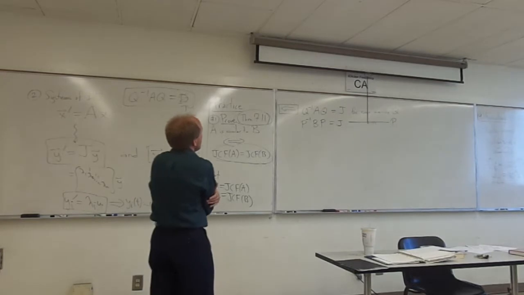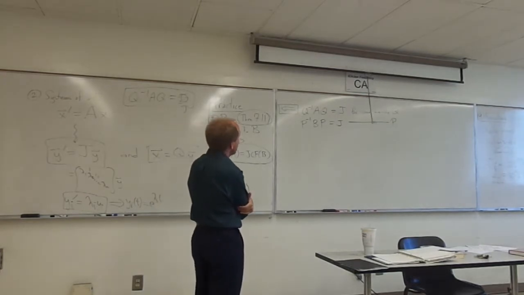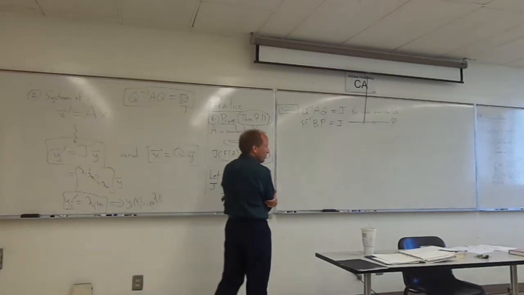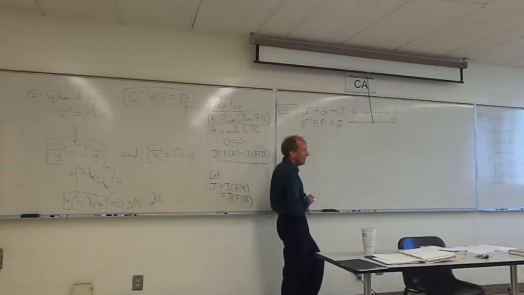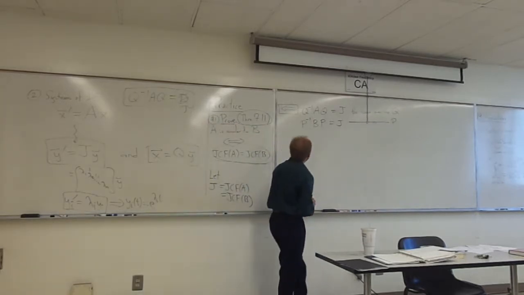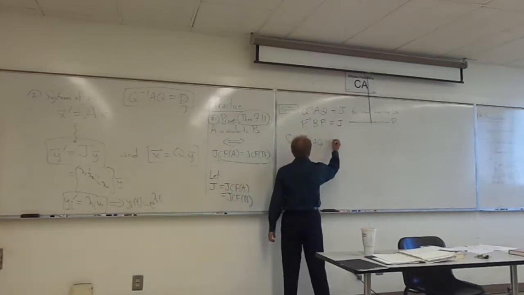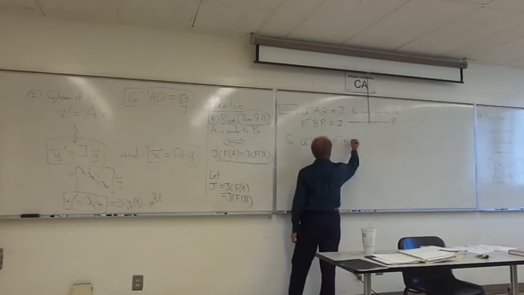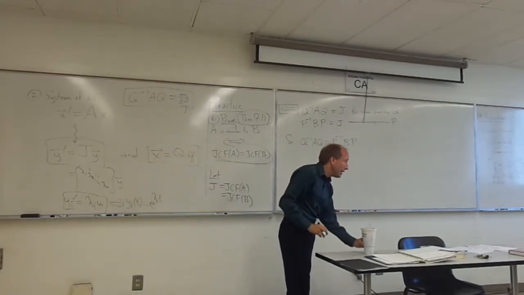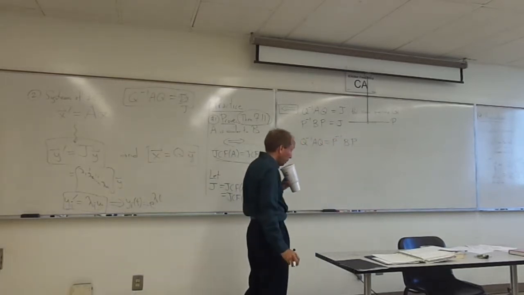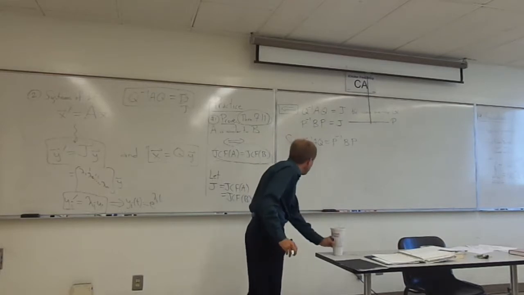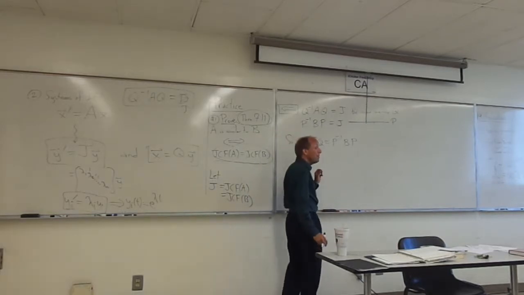So now we want to show that A is actually similar to B. Does anybody see how I'm going to be able to do that using these equations? Okay, so they're equal to each other. So Q inverse AQ is equal to P inverse BP. Okay, and now what? Apply Q, on which side?